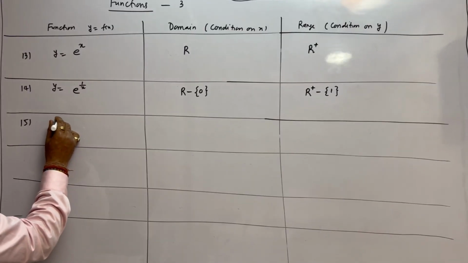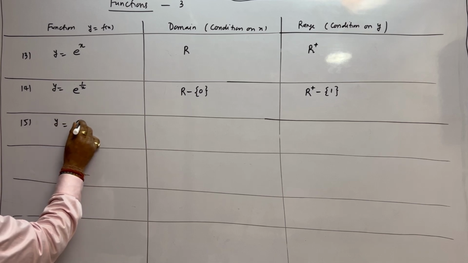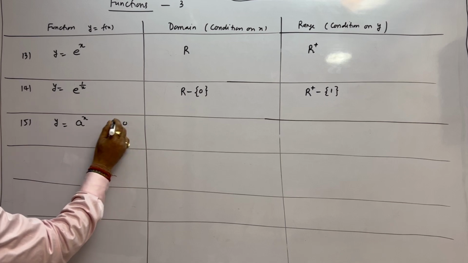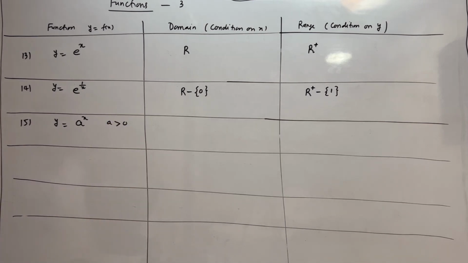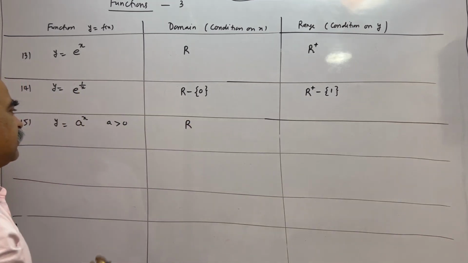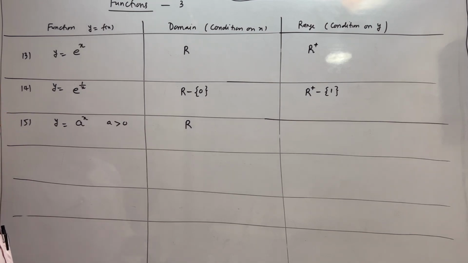Next is what? Y is equal to a raised to x. A has to be positive. Again, domain is entire real line. In place of x, we can replace anything.